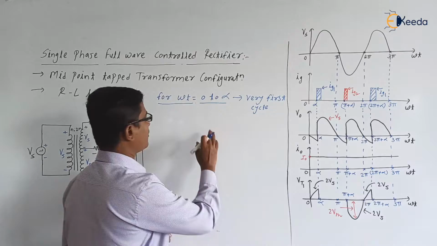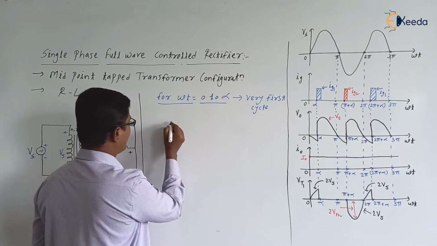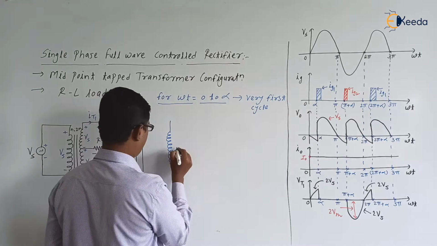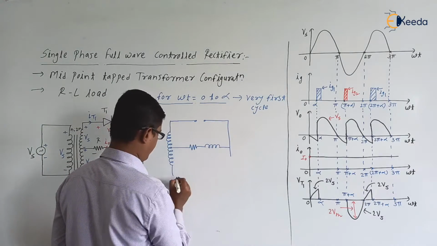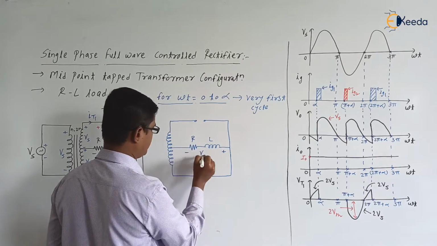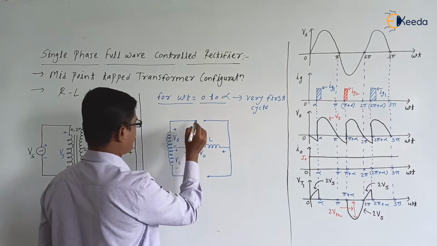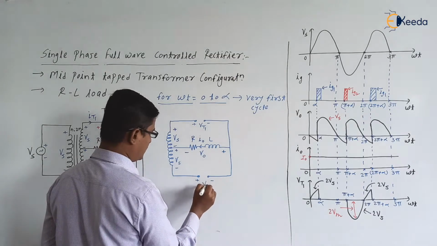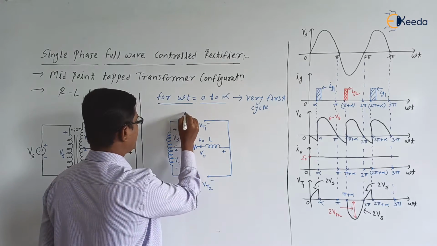Next, for the very first cycle from 0 to alpha, I am drawing only the secondary side, no need to draw the primary side of the transformer. This is thyristor T1, voltage is VT1, thyristor T2, voltage is VT2. This current is IT2, this current is IT1.